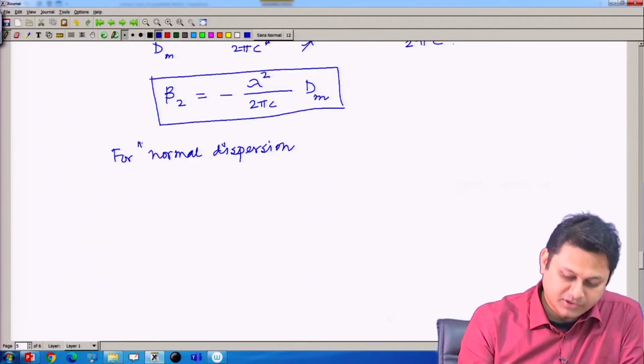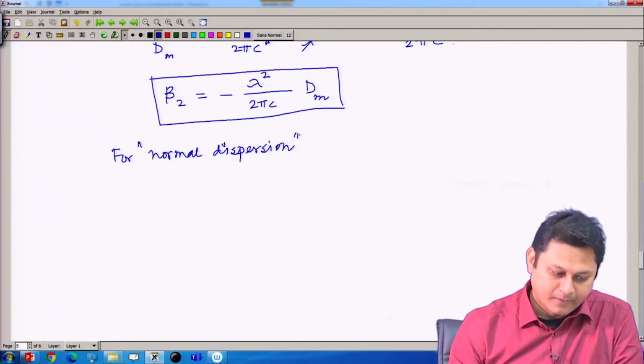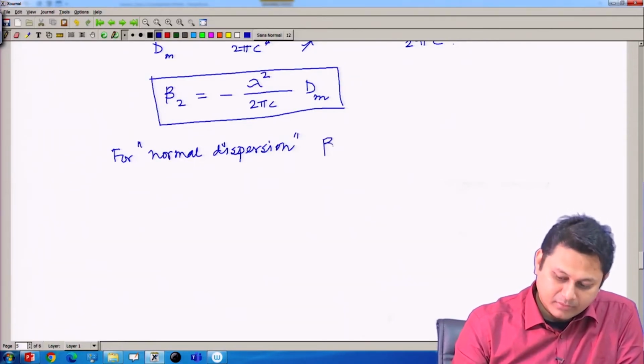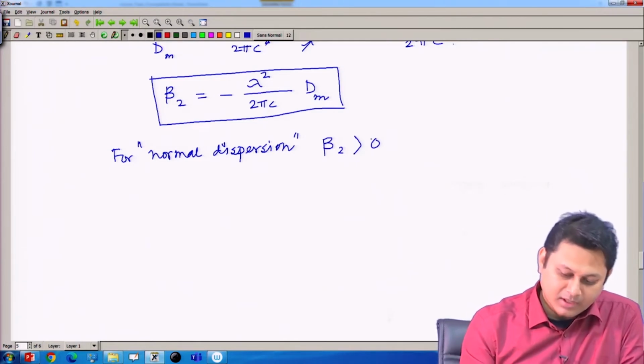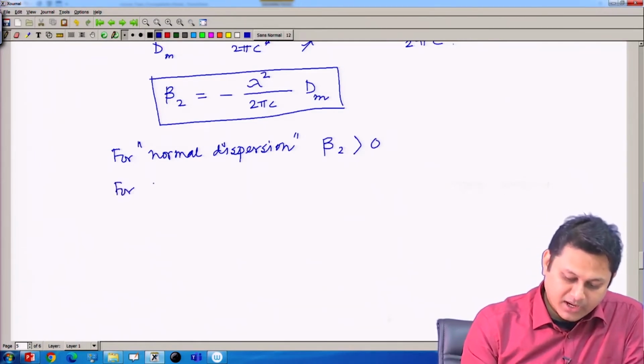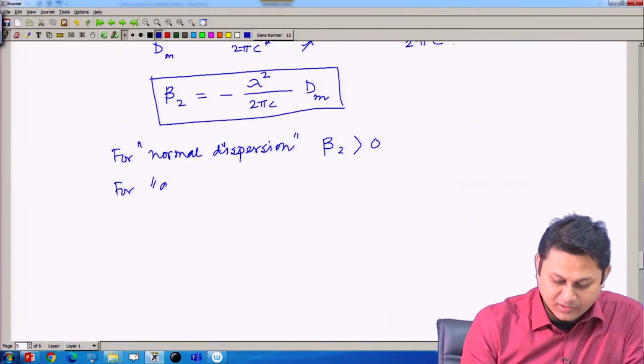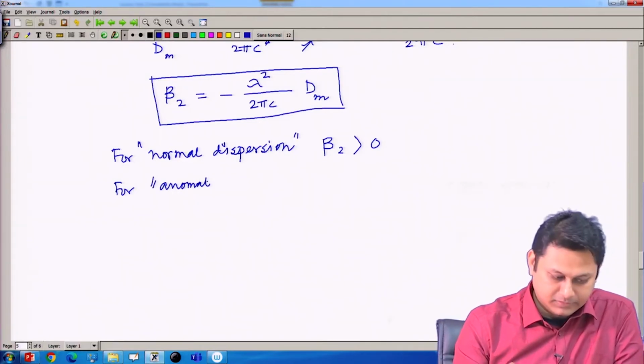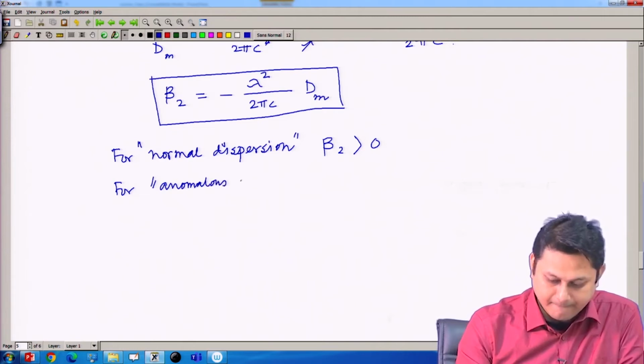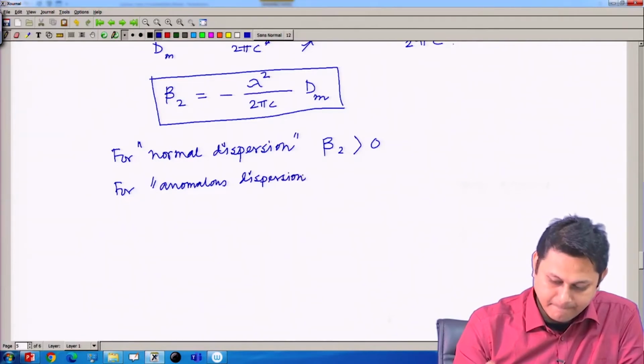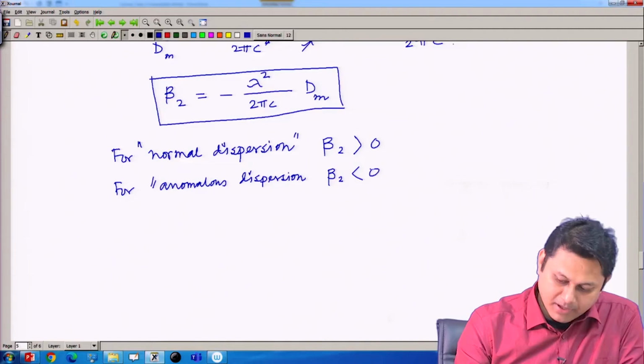So, for normal dispersion, we have beta 2 greater than 0, and for anomalous dispersion, beta 2 is less than 0.